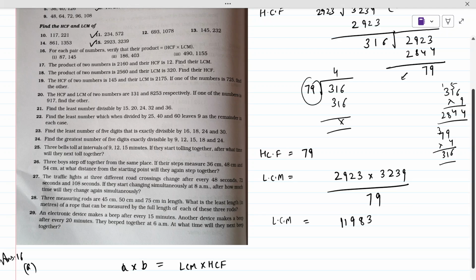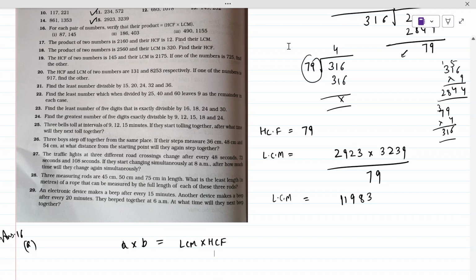And here, we are given the numbers 87 and 145. What we can do, we can find out its HCF and then we can divide by HCF to get the LCM, right? Similar thing we have done just now. Same with the other parts also.